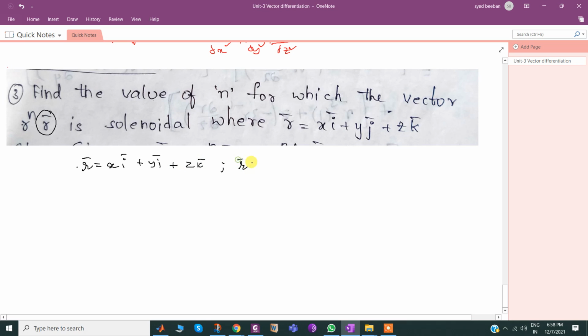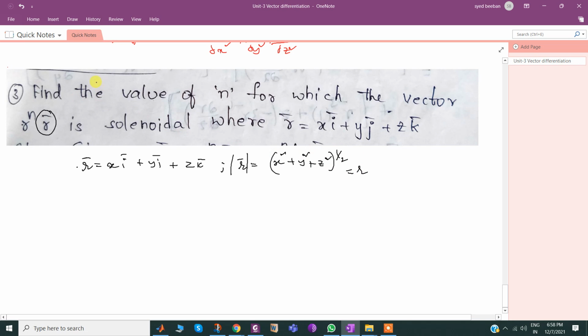Then r equals mod r bar, which is x squared plus y squared plus z squared whole power 1 by 2. Mod means magnitude, which is nothing but r.